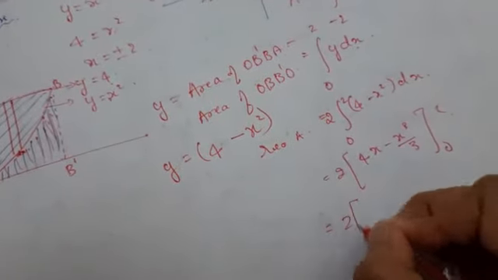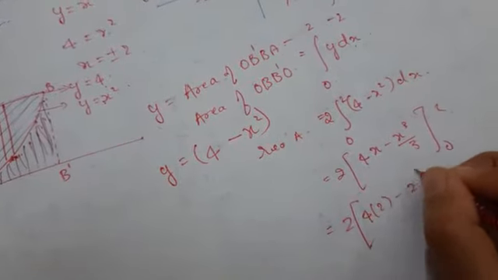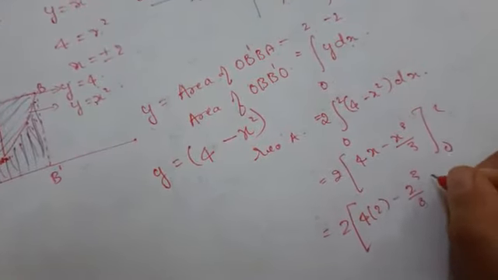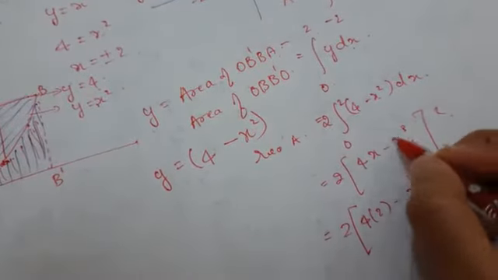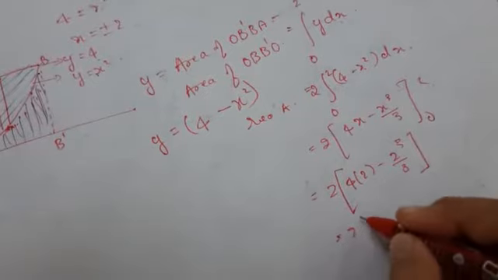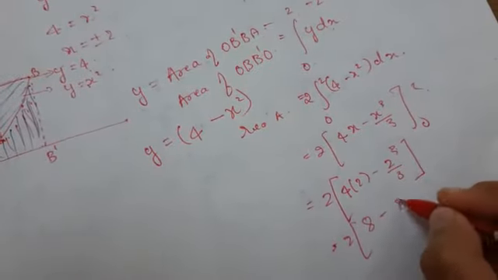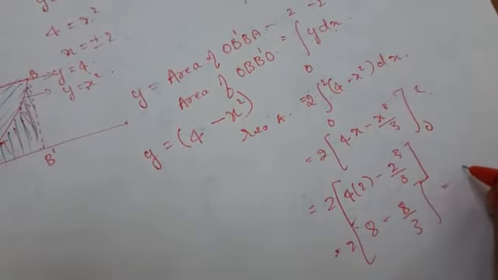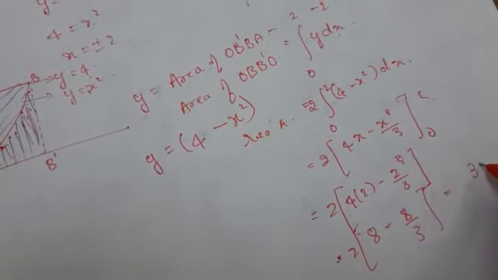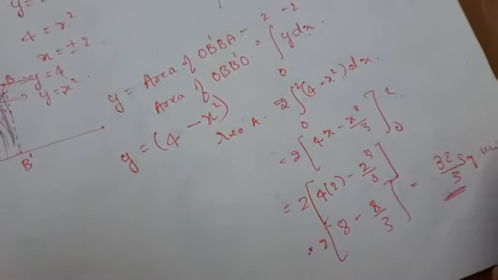Applying the upper limit, we get 4 into 2 minus 2 cube by 3, and substituting 0, this becomes 0. So 2 into 4 is 8 minus 8 by 3. 8 threes are 24, 24 minus 8 is 16, so 16 2s are 32 by 3 square units. It is the required area.